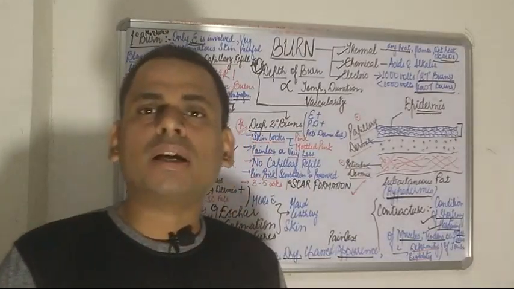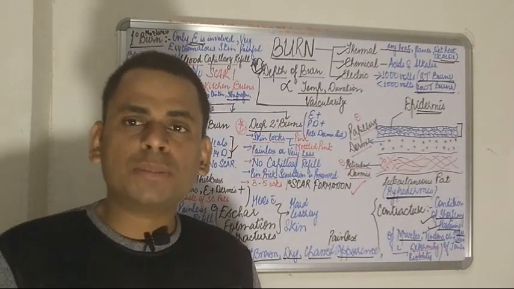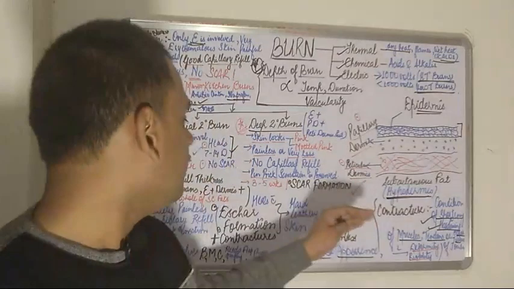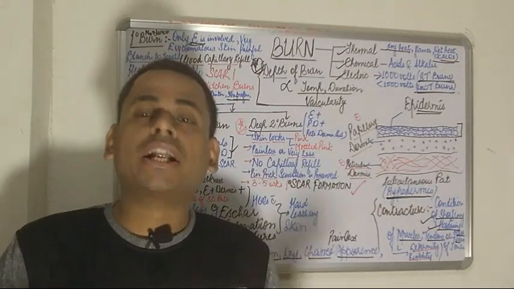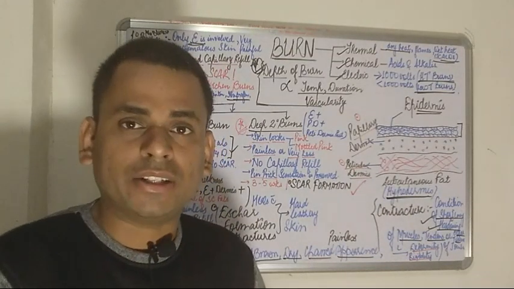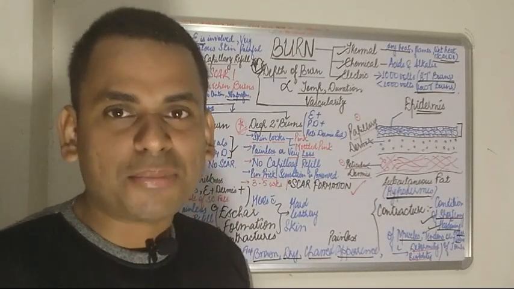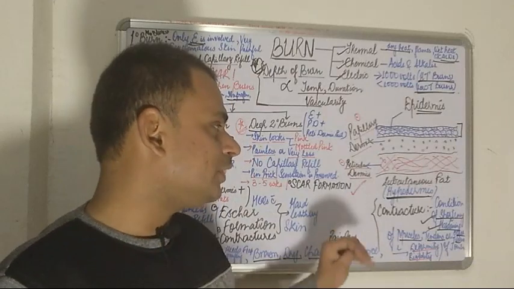You must have noticed in patients who are having the 3-degree burns or the full thickness burns, contractures are a very basic finding. So contractures are mostly seen in such conditions.